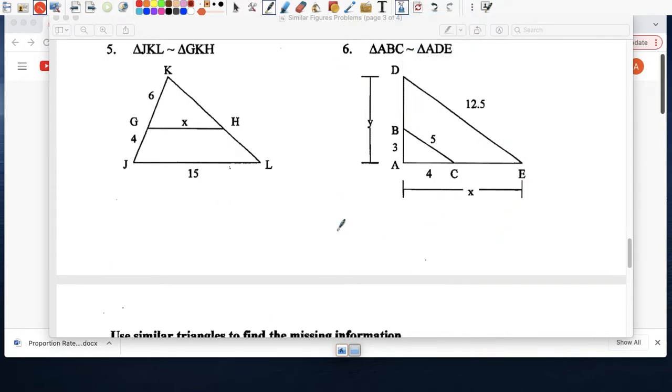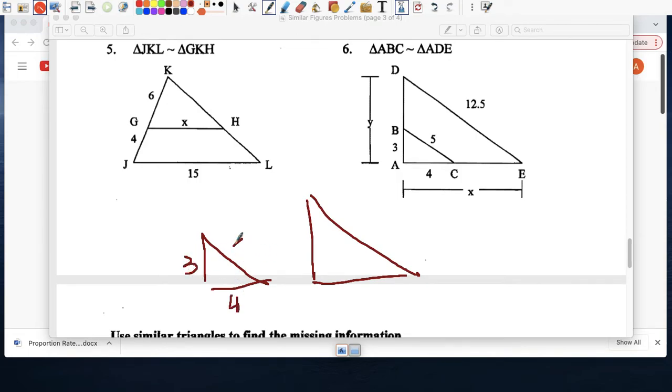Okay. Same thing here. Divide that up like this. Small triangle, big triangle. In the small triangle, we have a 3, 4, 5. In the big triangle, I have that this is 12.5 and that this is x. That's what I have here. Okay, so now let's set up a proportion.